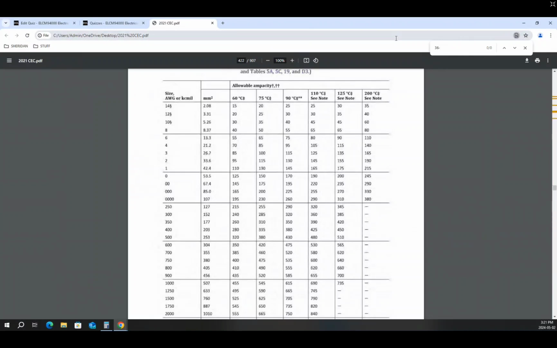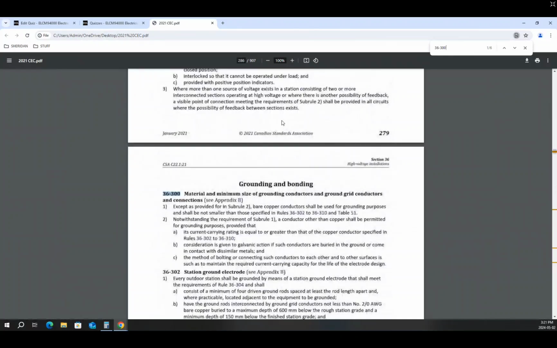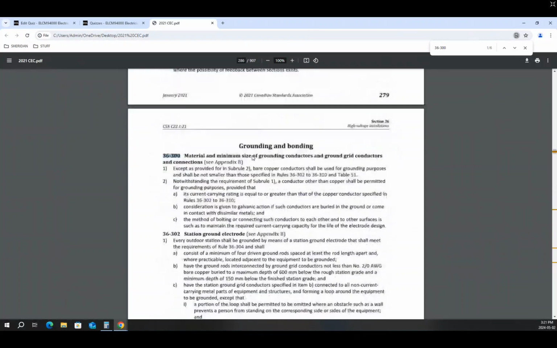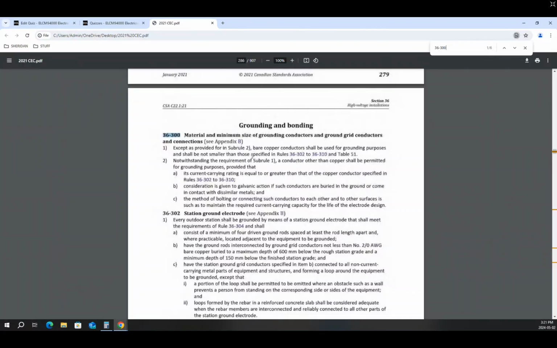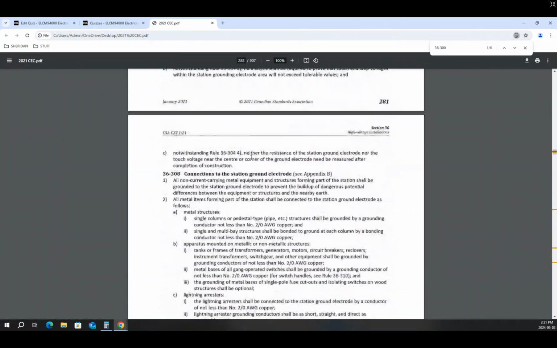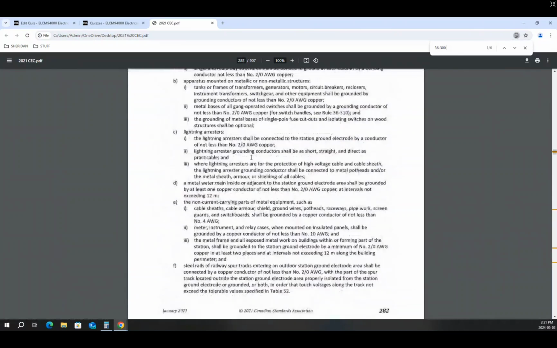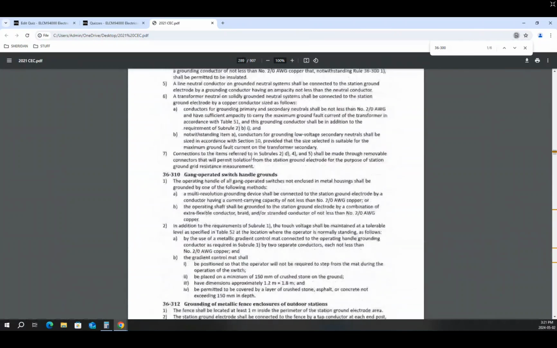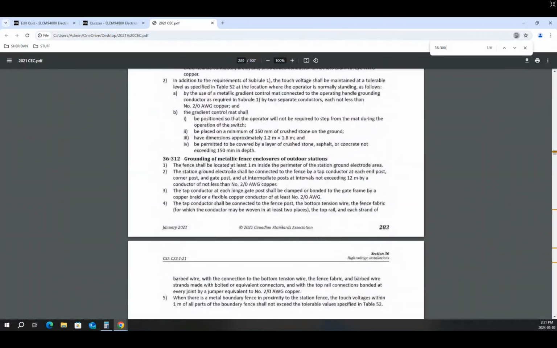That's 36, high voltage. Metallic fence enclosures.